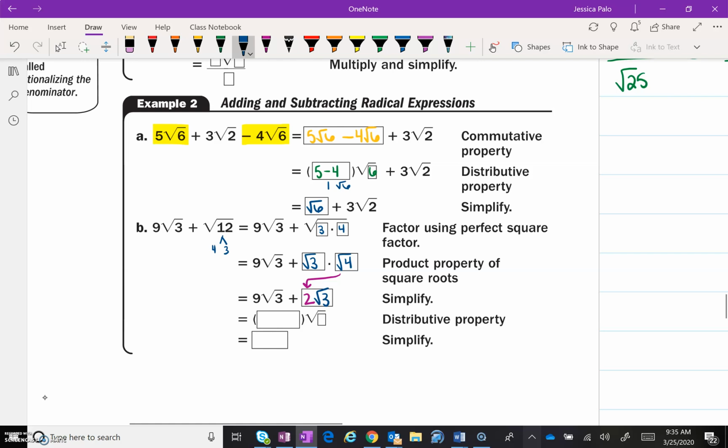So now we can actually add these two because they are, in fact, like terms. 9 radical 3 plus 2 radical 3. So we're adding 9 plus 2 times radical 3. 9 plus 2 is 11. Our final answer is 11 radical 3.